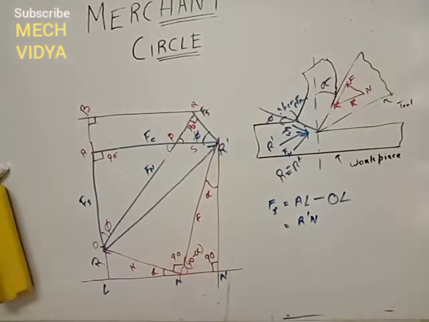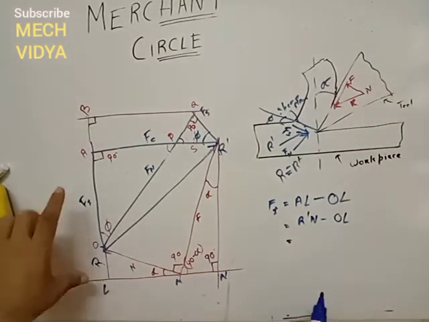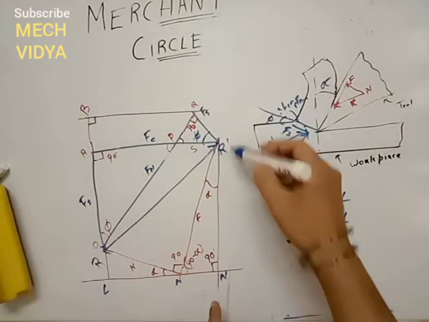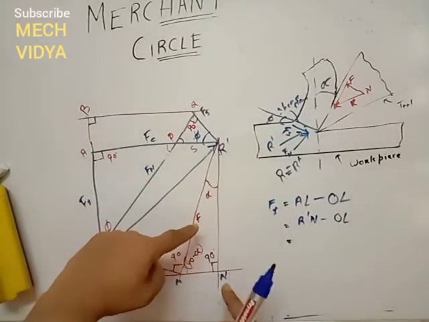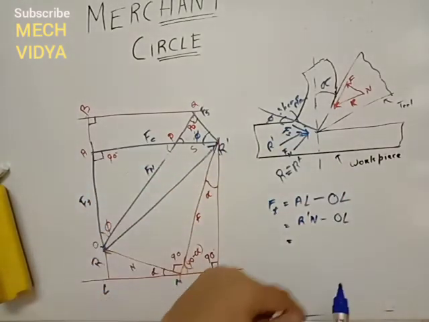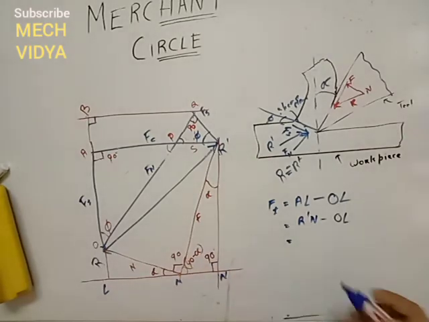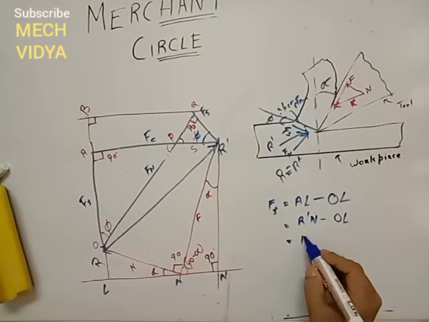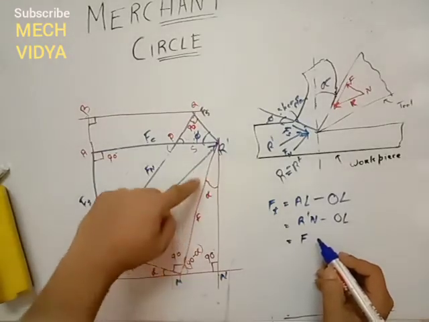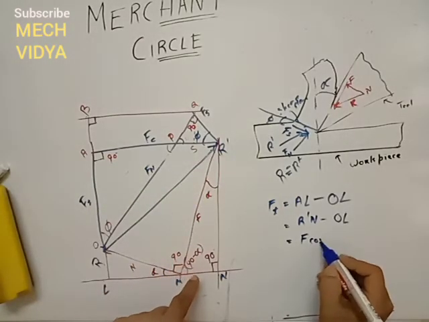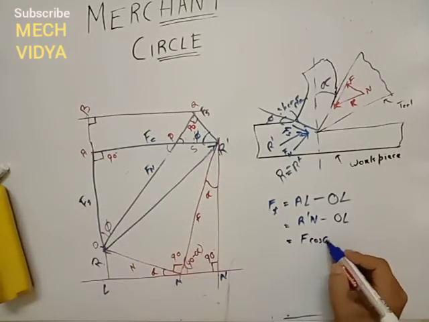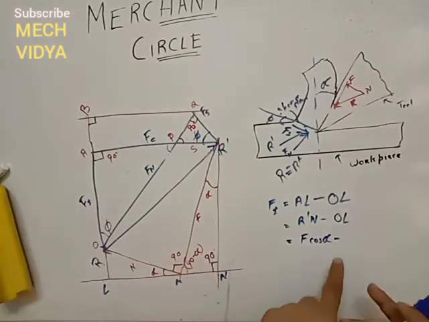Okay, and minus this OL, we will keep it as OL. Then if we take this triangle R'NM, from this triangle the value of this R'N can be written as F, the hypotenuse, cos alpha minus OL.